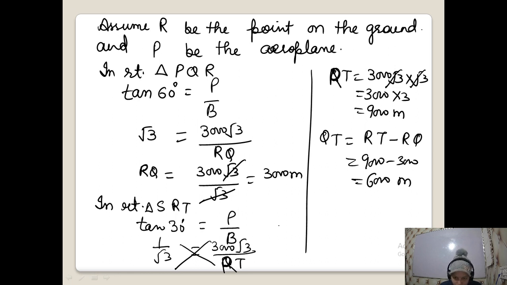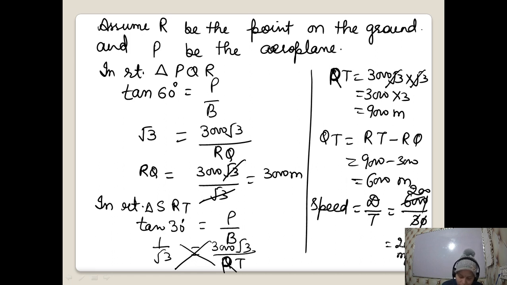Now you have to find speed. Speed is equal to distance over time. 6000 over 30 seconds, 0 cuts with 0, 3 to the 6, 200 meter per second. 200 meter per second is the speed.